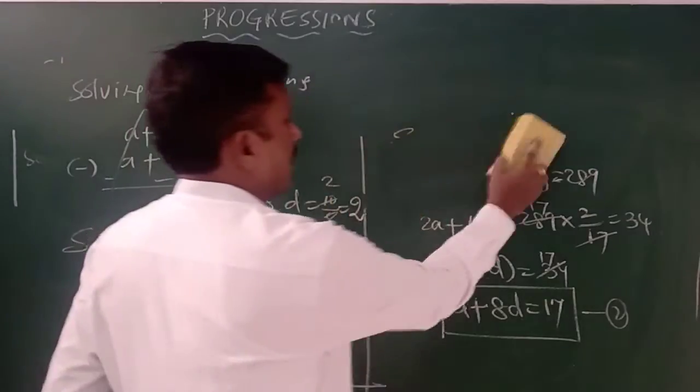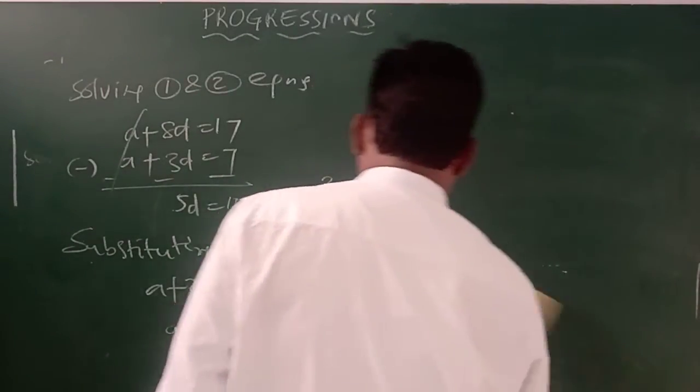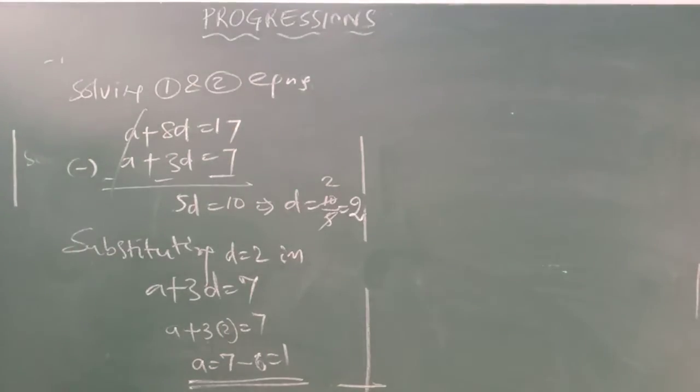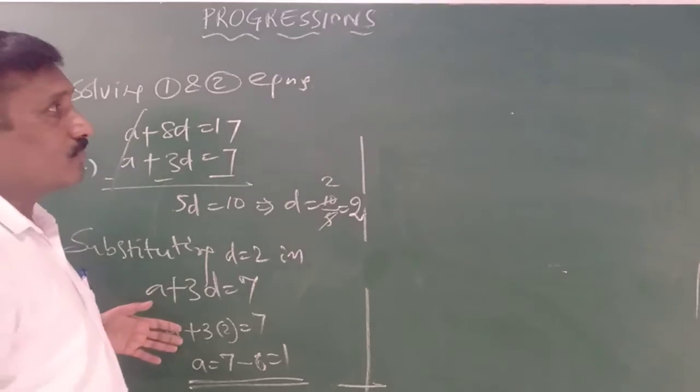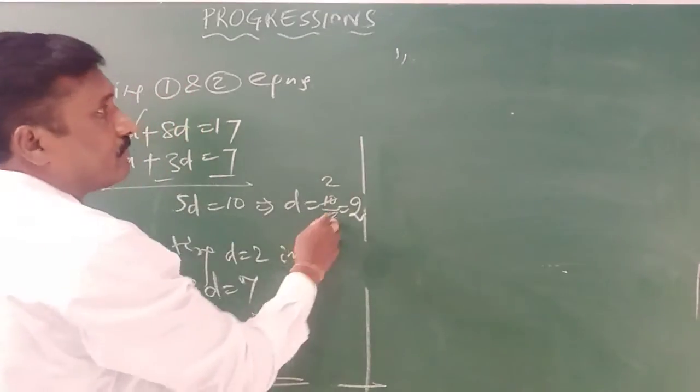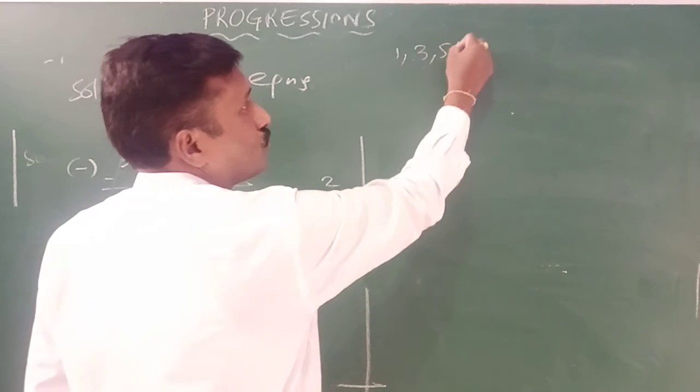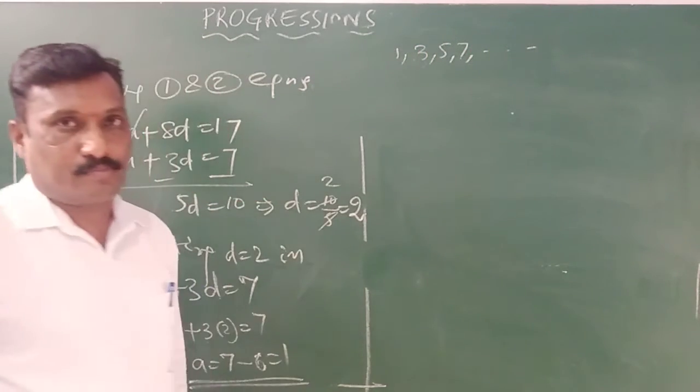Now we have to find the sum of the n terms of the given progression. Can you guess the progression? First term is 1, common difference is 2. So you are going to get the progression like this.